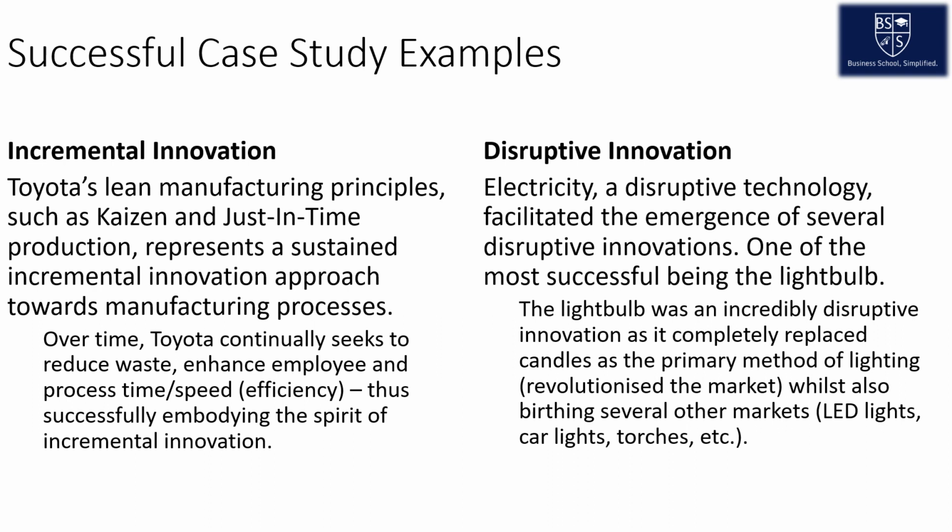Whereas the light bulb exemplifies a disruptive innovation, which was brought about by the disruptive technology of electricity, as I mentioned in the previous slide. The light bulb in turn created new industries for LED lights, car lights and torches, whilst also revolutionising existing industries such as candlelight.